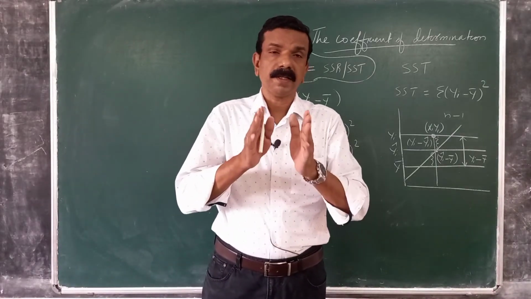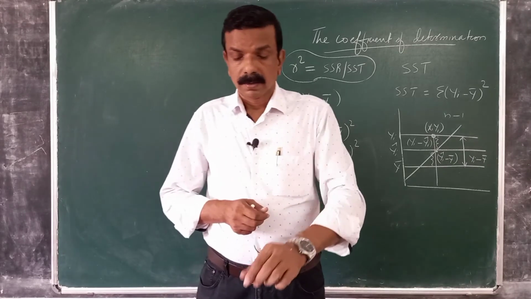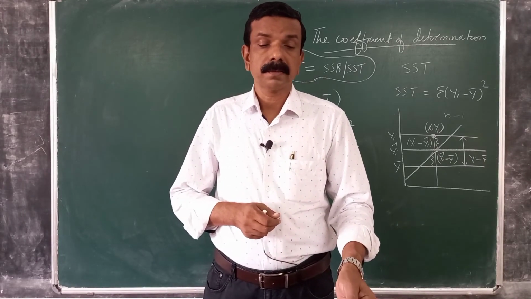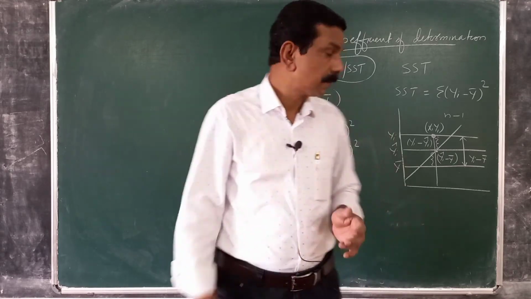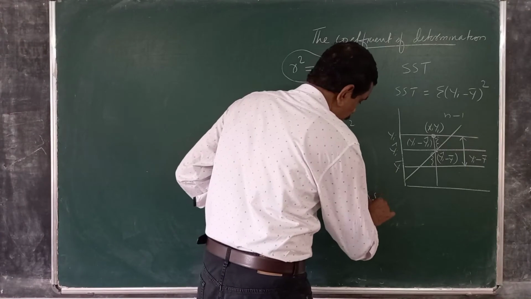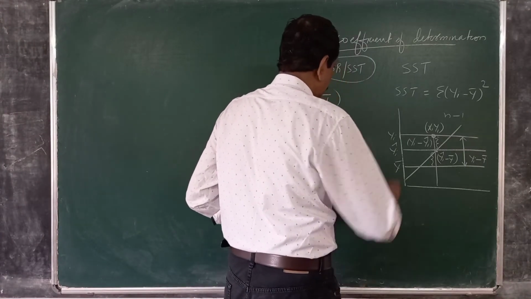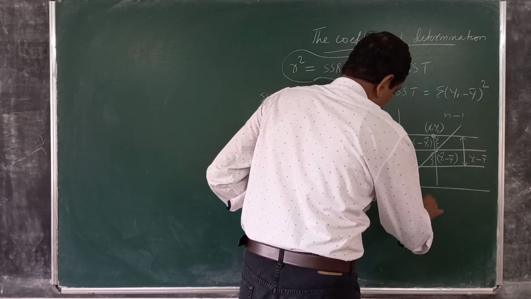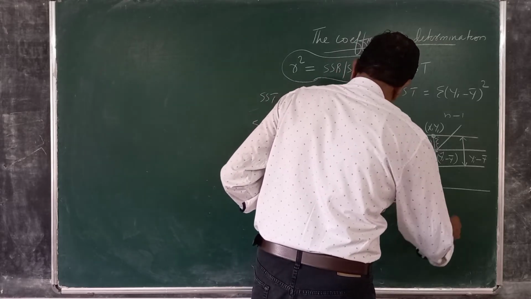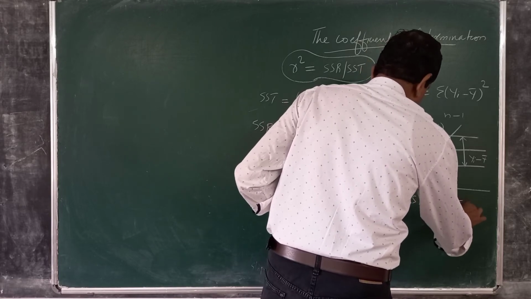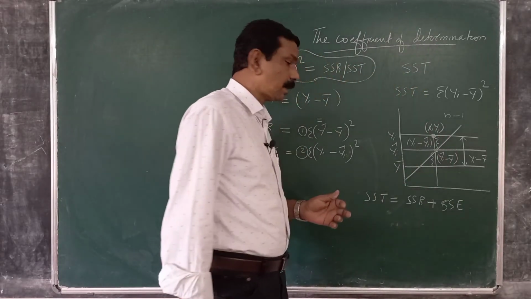The amount of variation in y not explained by regression is known as the error sum of squares, and SST, the total sum of squares, is equal to the regression sum of squares plus the error sum of squares. SST is equal to SSR plus SSE.